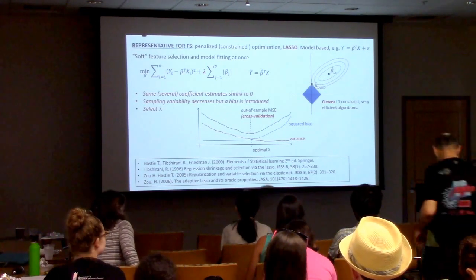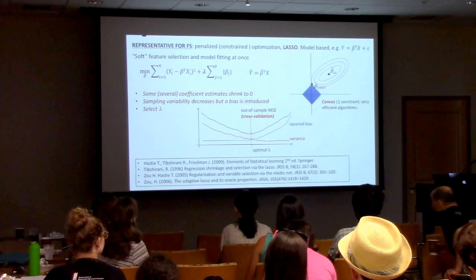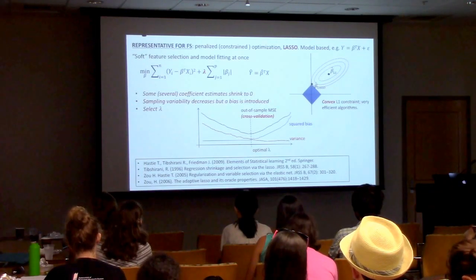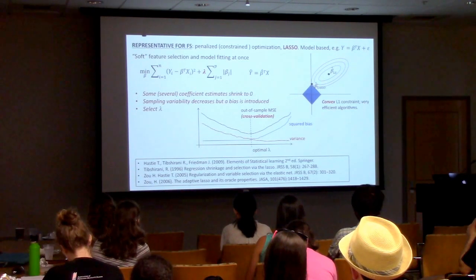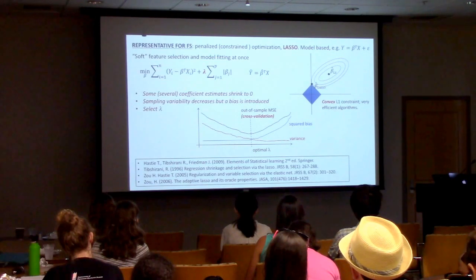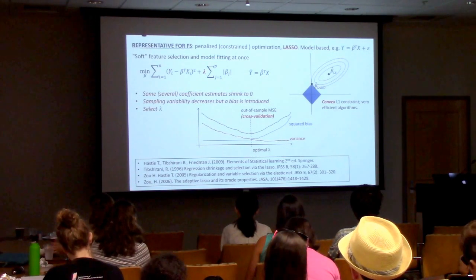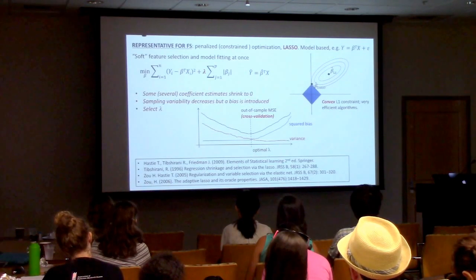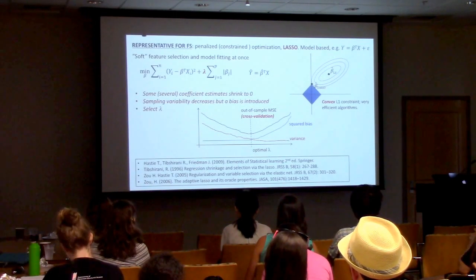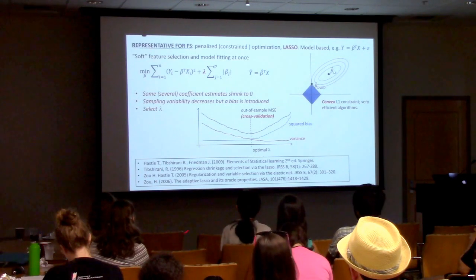The other important thing to know is that you have to select lambda. Okay? This is not something that you hit with the default, whatever the default in the software is. Because if you take the wrong lambda, you can get really messed up results. Okay? So in fact, the crux of this whole thing is choosing lambda, the weight that the penalty must have, and hence the degree of sparsity that you're imposing on your solution.